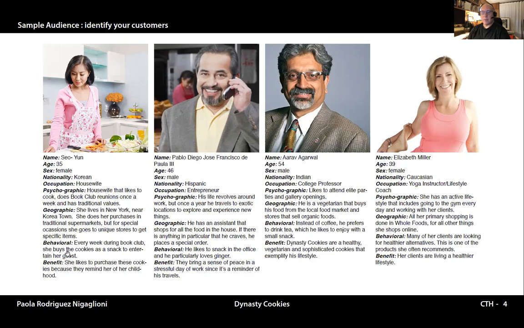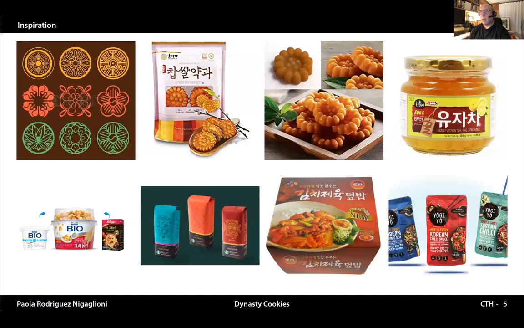Behavioral and benefit, this is two aspects of their personality. What they do that intersects with the product, and the benefit is what they get out of it. And there's a lot more on this in the assignment, so I'm just giving you a brief overview, but you'll definitely get more information. Inspiration, so this page is kind of like your own personal Pinterest page.